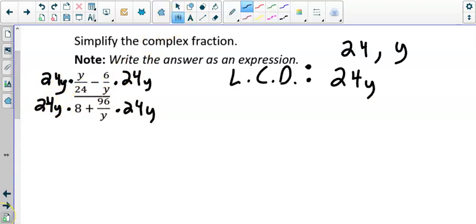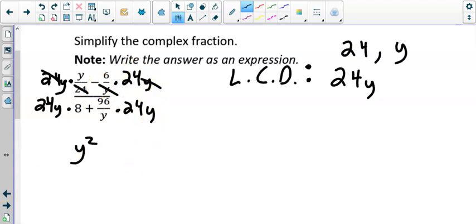So, what's going to happen between the 24y and the 24? Who cancels out? The 24's go away. You got it. So what am I going to be left with? Y squared, because y times y is y squared, because the 24's took each other out. What's going to happen between the 24y and the y? Y cancels. Gone.